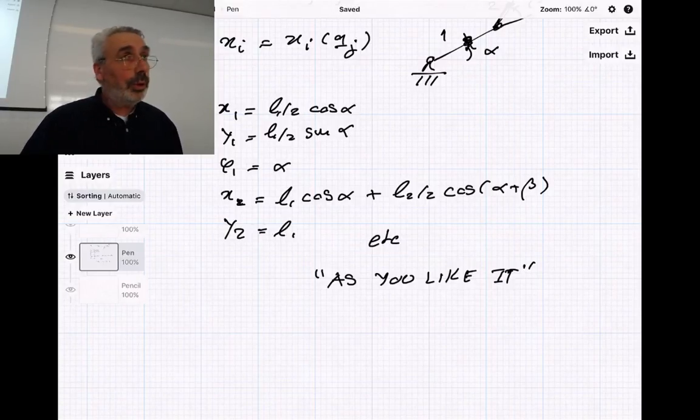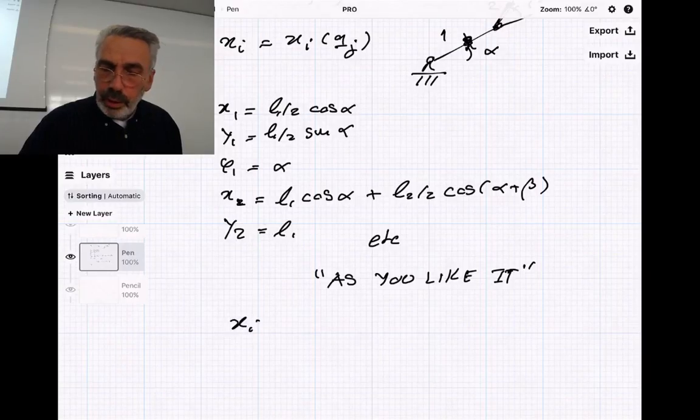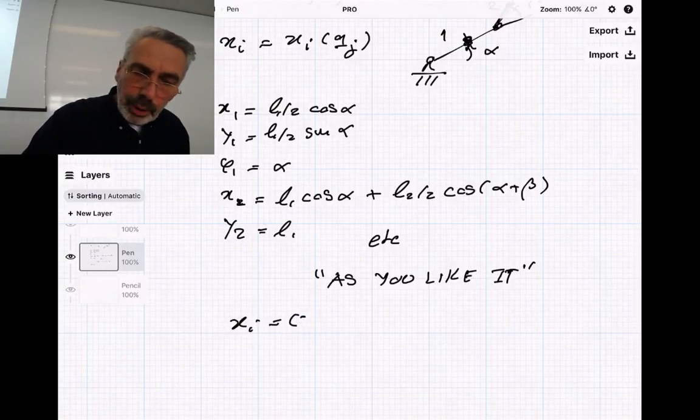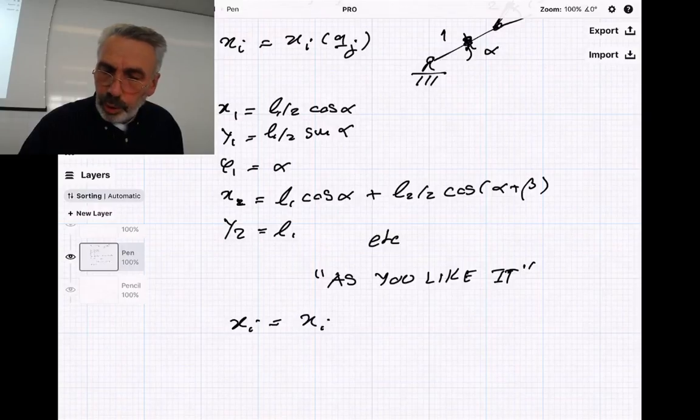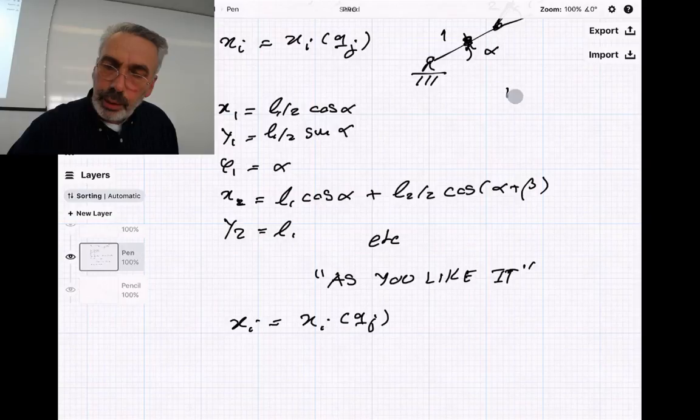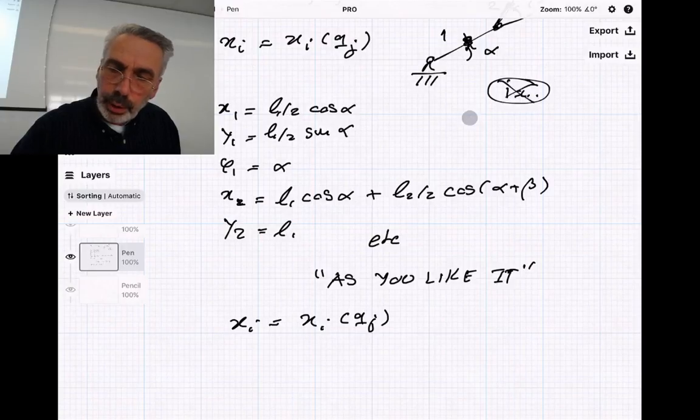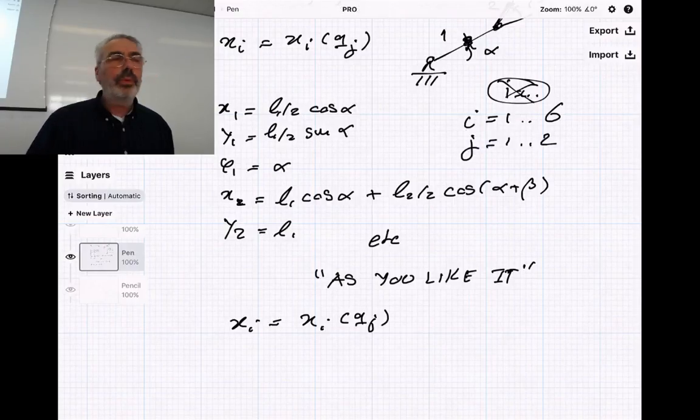In general, we're able to write xi as some function xi of our generalized coordinates qj. In our case, i goes from 1 to 6 and j goes from 1 to 2: two generalized coordinates and 6 CM coordinates.